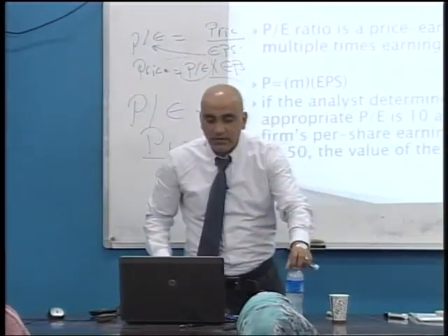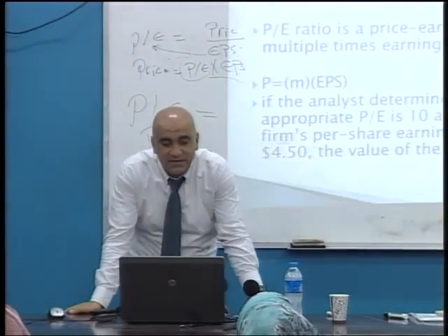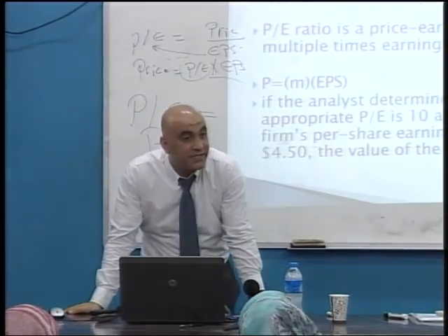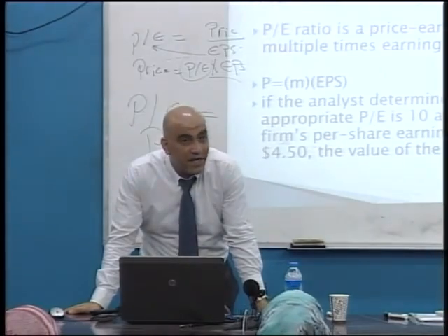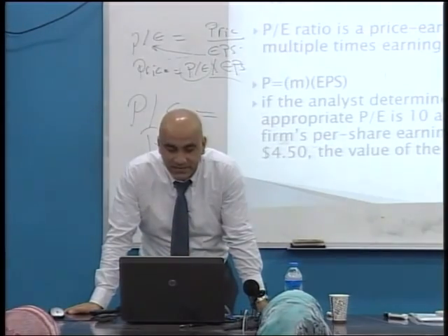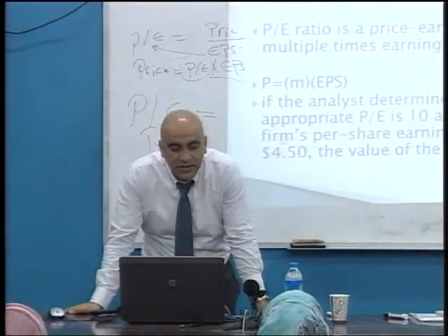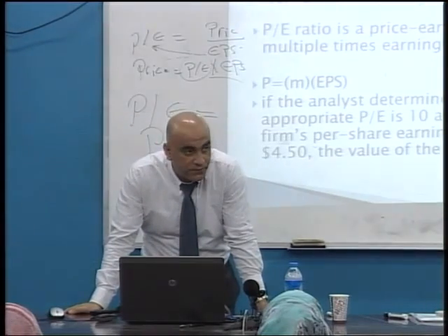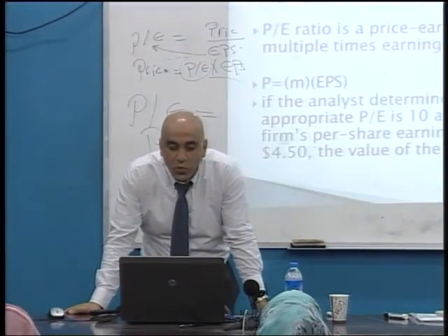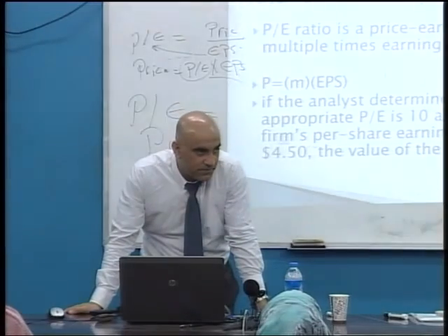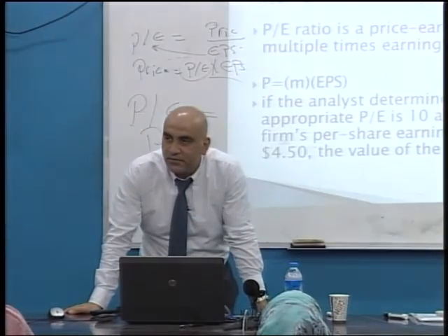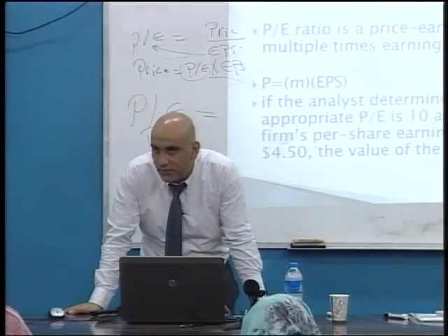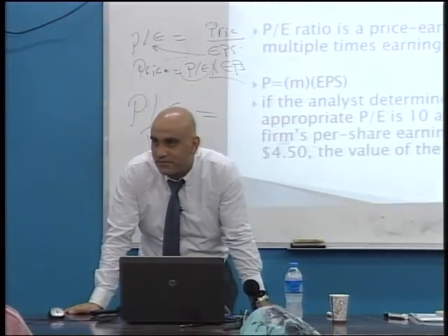So, if the analyst determines the appropriate PE is 10, it means M, the multiple, is 10, and the firm's earnings per share are 4.5, what is the value of the stock? Very simple: 10 times 4.5, which is $45.